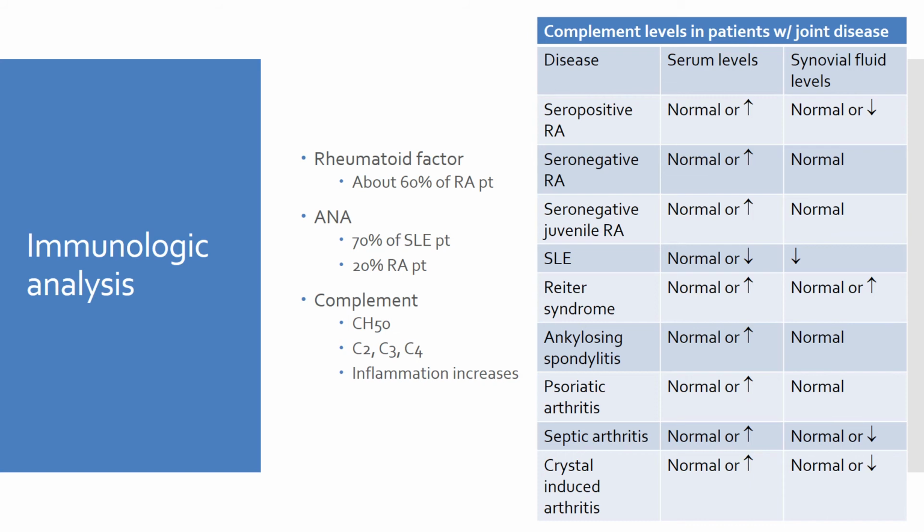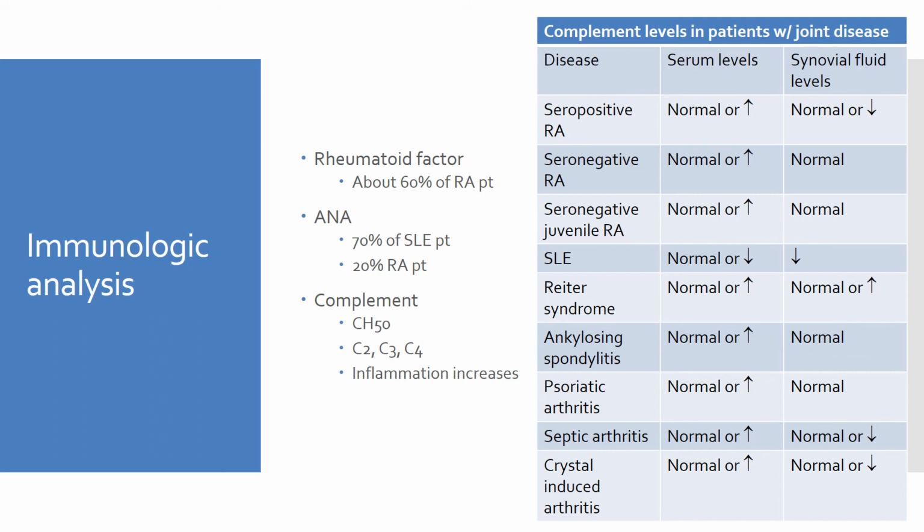And so with rheumatoid factor, which is a specific antibody that's found in patients who have rheumatoid arthritis, not necessarily in all patients, but in a large percentage of them. About 60% of them will also maintain rheumatoid factor in the joints, in particular in their affected joints. This rheumatoid factor is an antibody which reacts with the Fc region of immunoglobulin G, and it's associated with a variety of versions.